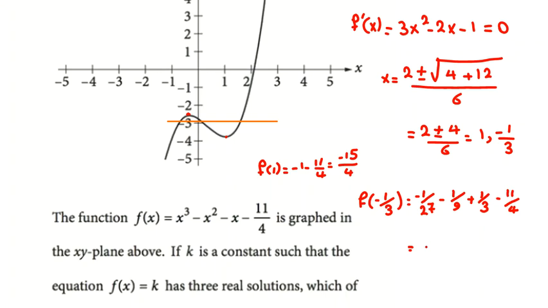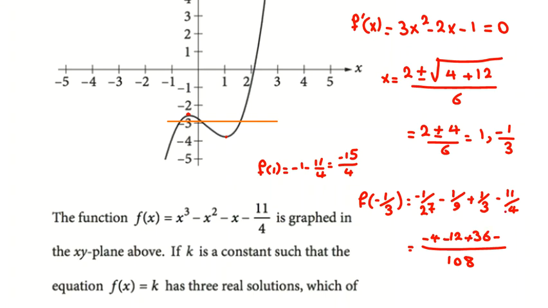So if we calculate, 4 times 27 is 108. Then here it will be negative 4. Here it will be negative 4 times 3, negative 12. Here it will be 4 times 9, 36.